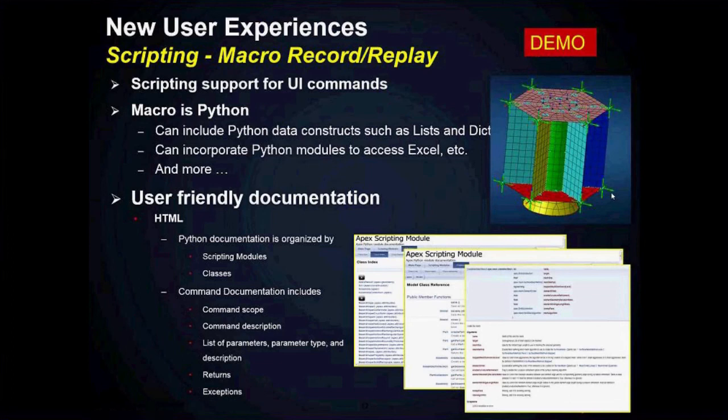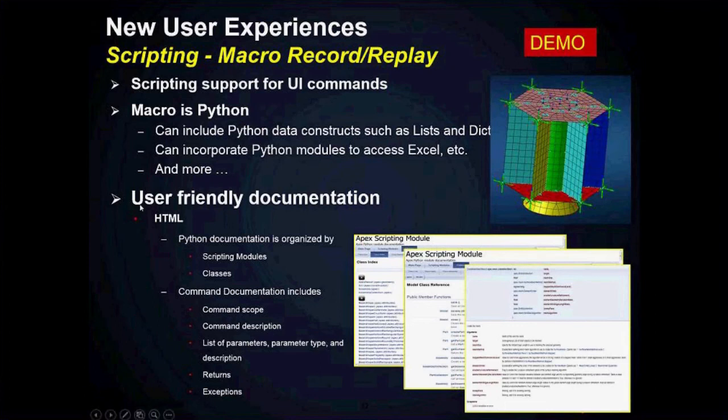All those data can be in a spreadsheet, and we can access that through a Python module, and then run a script so that it can automatically create a model, something like this, right? That's after you create a macro record of the base geometry, and you can do the rest.